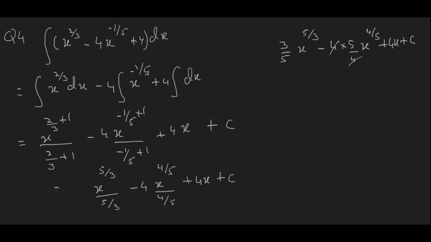This 4 cancels, so the final answer is 3 by 5 x raised to power 5 by 3 minus 5x raised to power 4 by 5 plus 4x plus c.